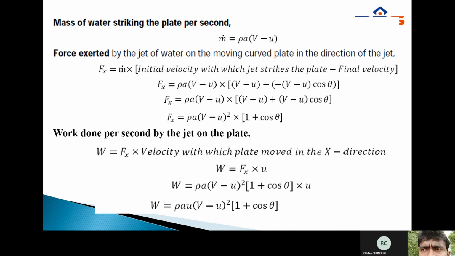Therefore, W = F_x · u, so W = ρa(v − u)²(1 + cos θ)·u. Therefore, W = ρau(v − u)²(1 + cos θ). This is the work done equation and the F_x equation for the moving curved plate.